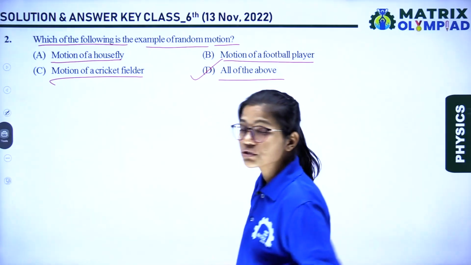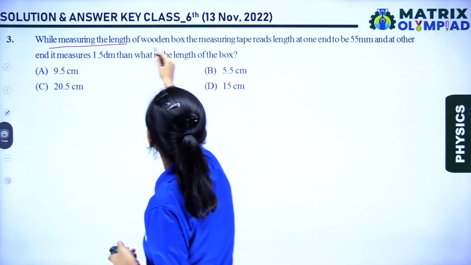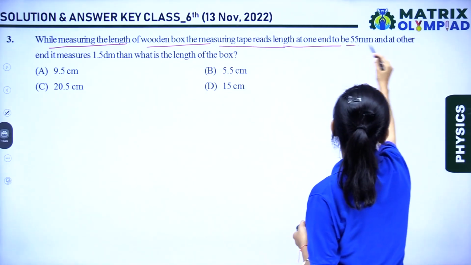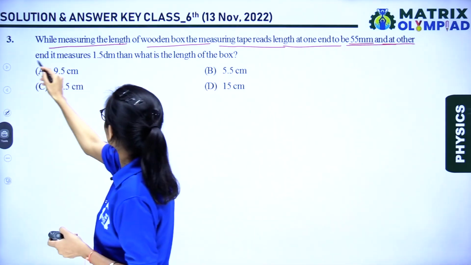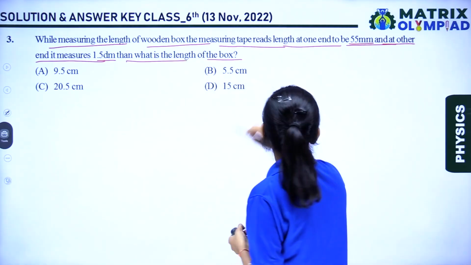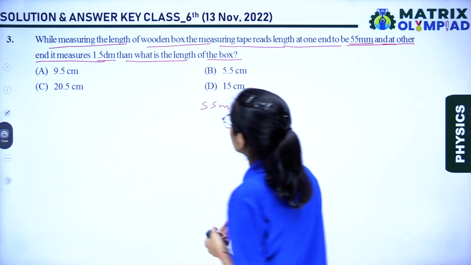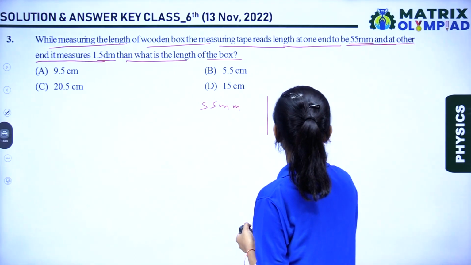Now let's come to question number 3. In question number 3, while measuring the length of a wooden box, the measuring tape reads the length of one end to be 55 mm and at the other end it measures 1.5 decimeter. Then what is the length of that box? The first end is 55 mm and the second one is 1.5 decimeter.